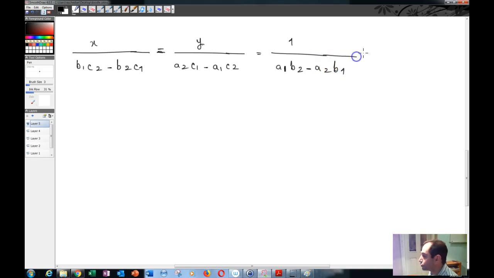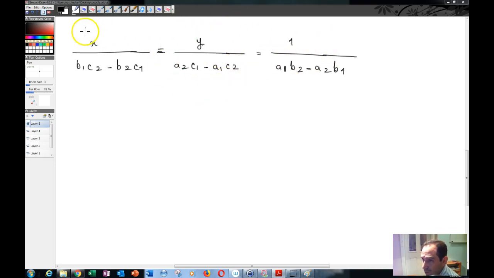Now let me check whether this thing is actually correct, and then I'll also show you a way in order to remember this thing. x over b1c2 minus b2c1, y over a2c1 minus a1c2, 1 over a1b2 minus a2b1. Okay, so this is correct.